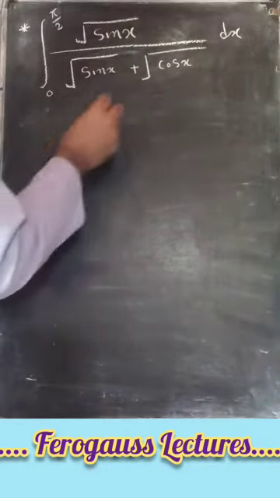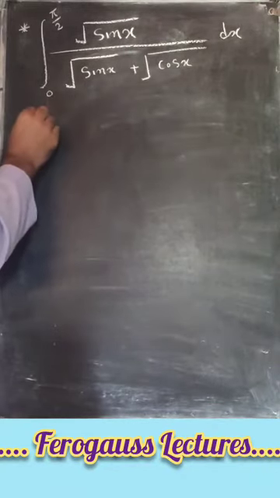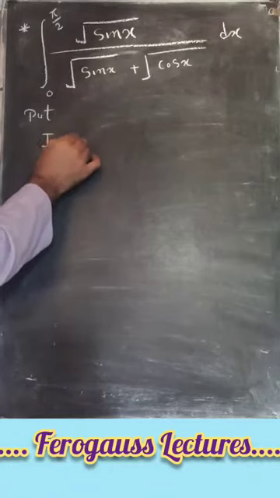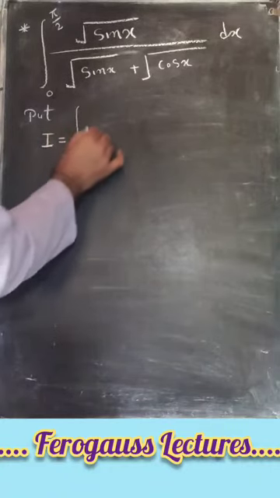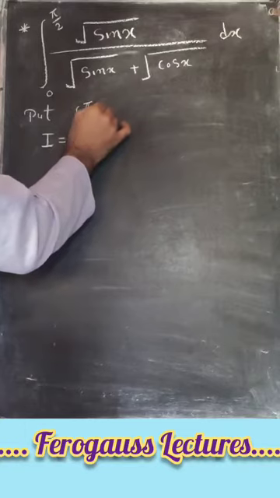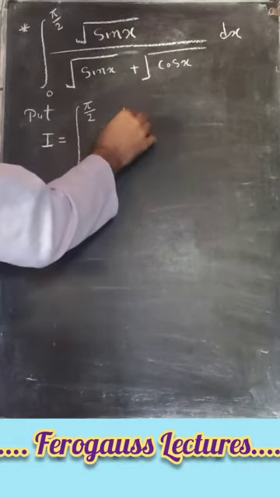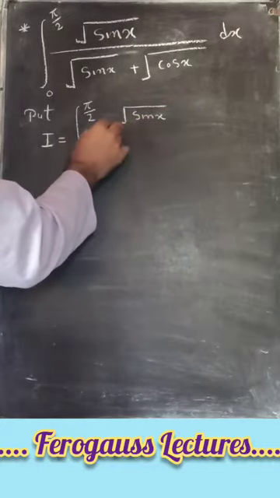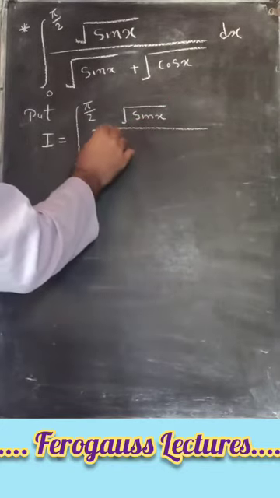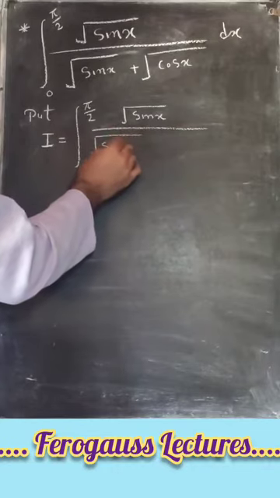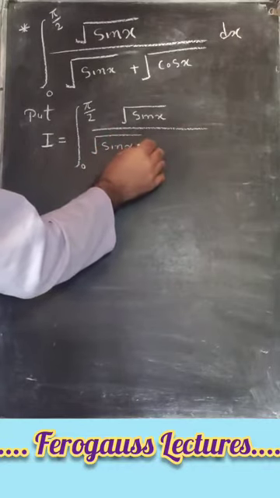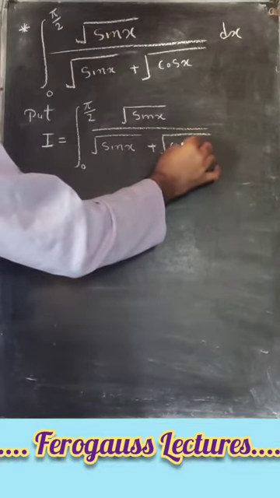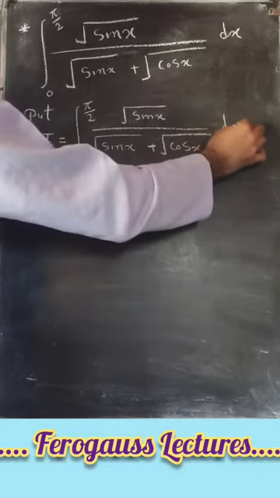Now we put this equal to I, put I equal to integral 0 to pi by 2 square root of sine x divided by square root of sine x plus square root of cos x dx.